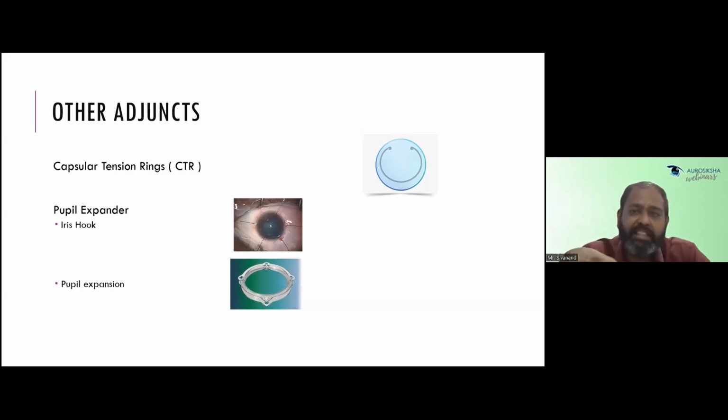In that case, we use a capsular tension ring, which is placed inside the capsular bag first, before we put in the intraocular lens. These cases are sometimes identified before going in for the surgery, or sometimes on the table the doctor will decide to use it.